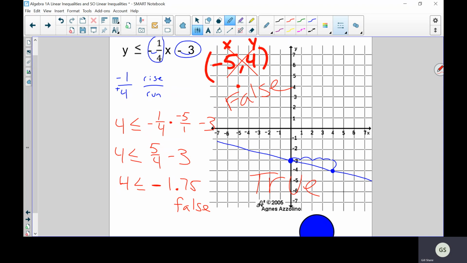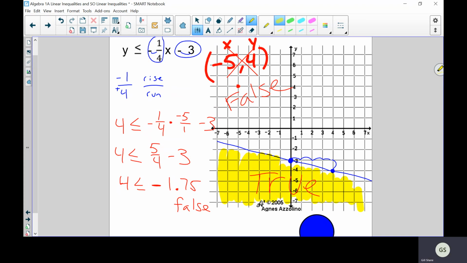I don't really have that written in all the 3 steps for shading. Now your last step is you shade where it says true. That's the side you shade. So wherever you wrote true, if you wrote true first, like if this came out to be a true statement and you wrote true by the point you tested, then you would shade where it said true in that. For me though, the other side of the line was where I wound up writing true.